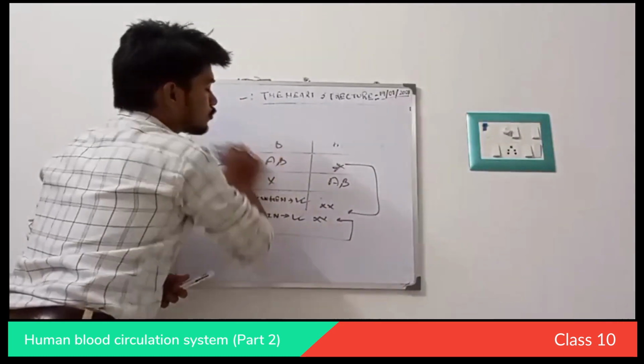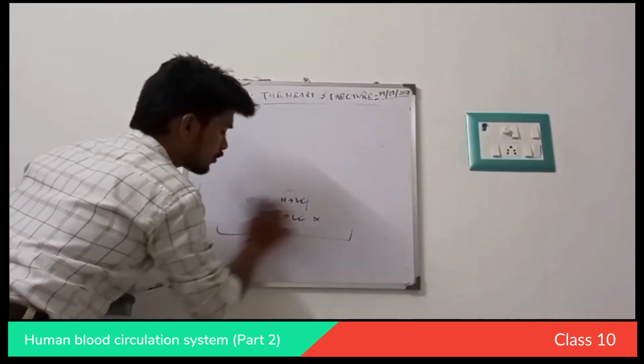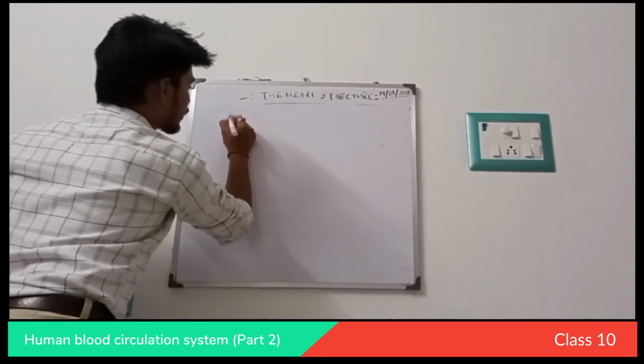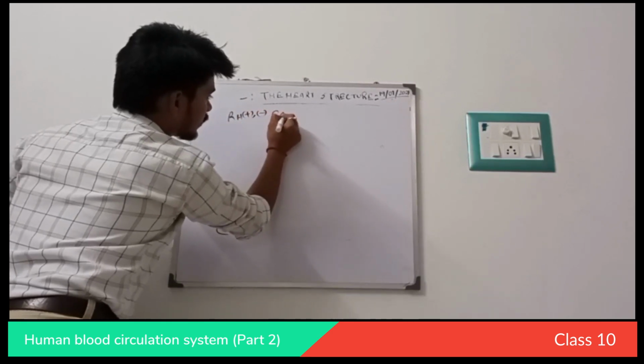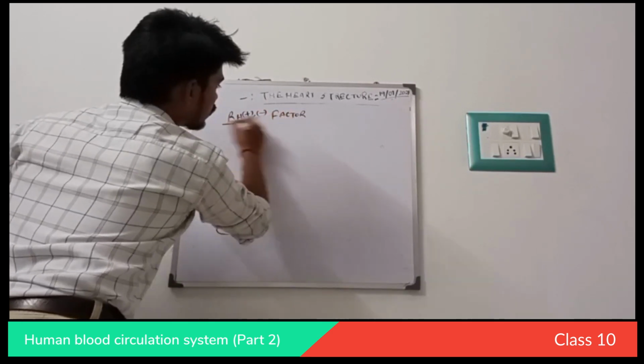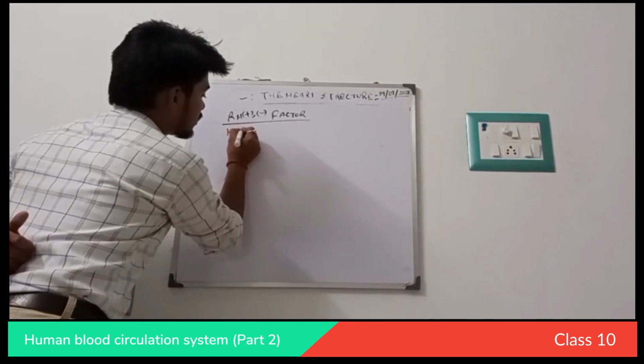So how do you know whether it is, I told you about the rhesus factor, how do you evaluate, how are you able to know the Rh factor, Rh plus or negative? For that there is Karl Landsteiner.